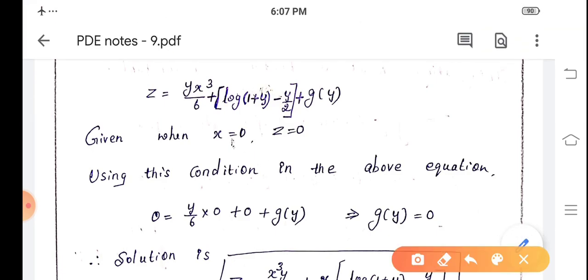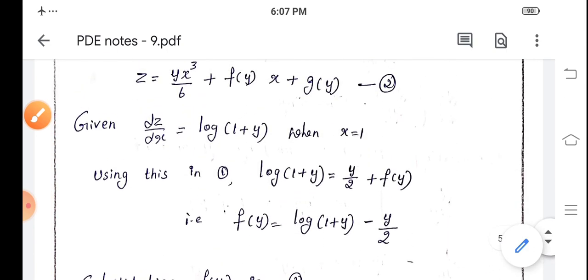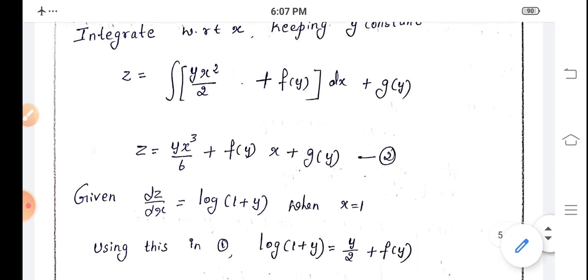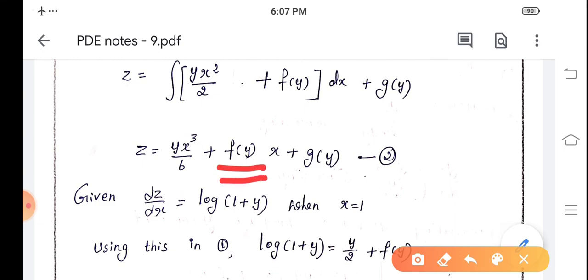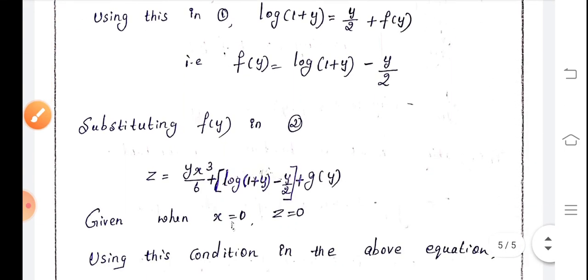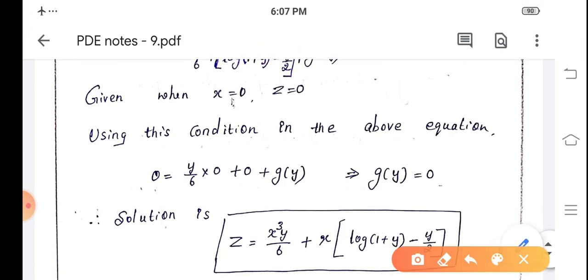Using this in the above equation, we write 0 equal to, that is the z value. So 0 equal to, here in the right hand side we put x equal to 0. Then we are getting the first term 0. Next, log of 1 plus y minus y by 2, that is f of y multiplied by x. Since x is 0, the second term becomes 0, plus g of y.